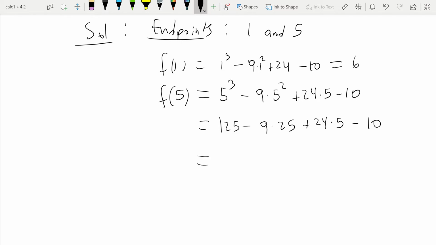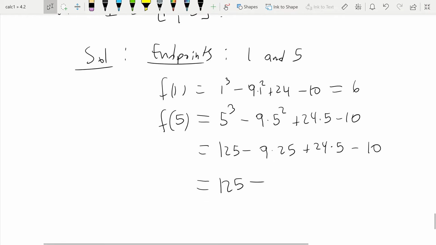I should have factored this out to get something simple, but it doesn't matter.